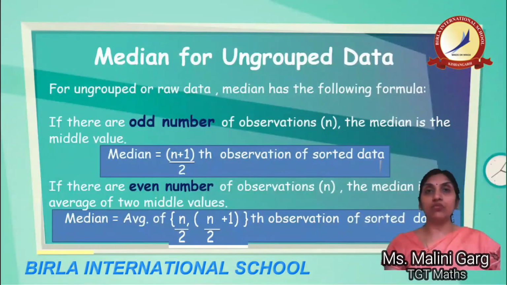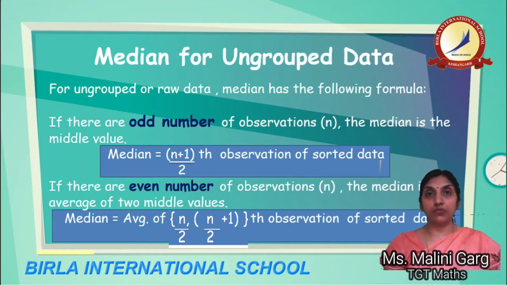Now let us see how to calculate the median for the ungrouped data. There are two cases, as you can see on the screen: case 1 when there are an odd number of observations, and case 2 when there are an even number of observations. When there are an odd number of observations, the median is defined as the (n plus 1) upon 2th observation from the arranged data, where n is the number of observations.